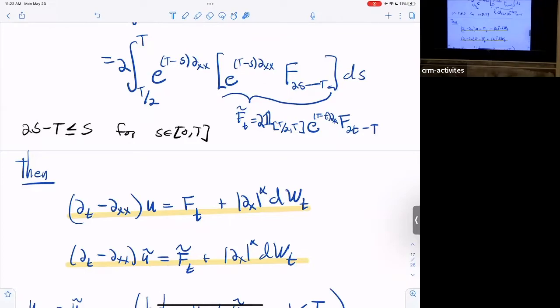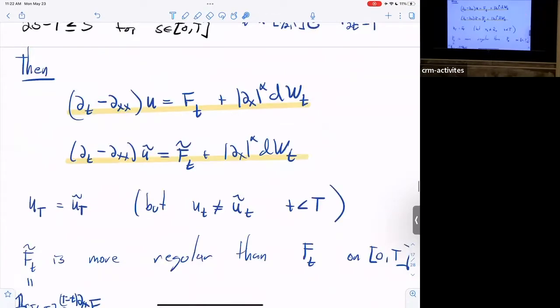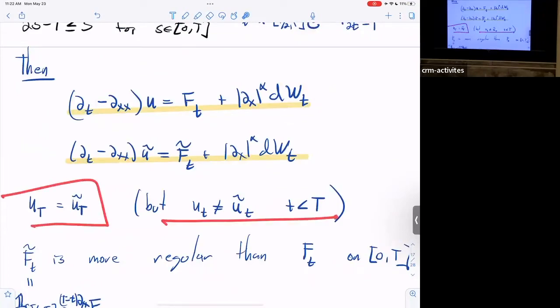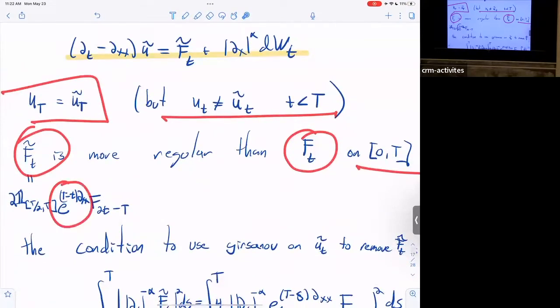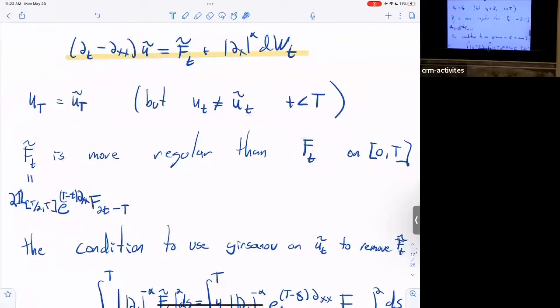I've now made this more regular. They agree at time T, but they don't necessarily agree at time t less than capital T. But f tilde is more regular than f on 0 to T. And in fact, it has exactly that extra derivative that I need to get the smoothing. So it exactly satisfies the bounds I need. So now I can apply Girsanov, and I can actually apply it to get time T.